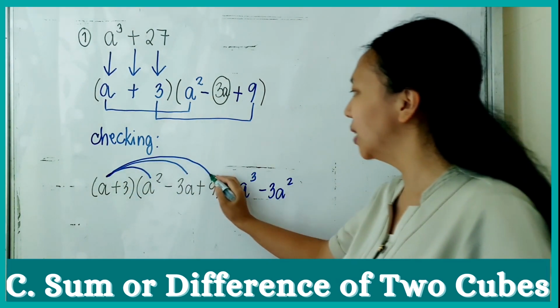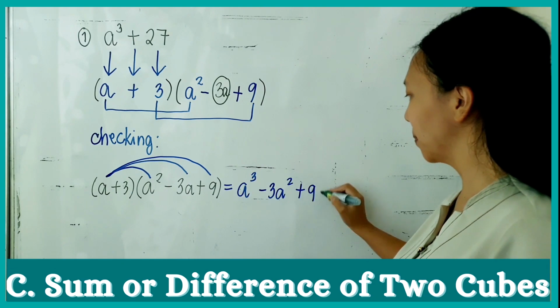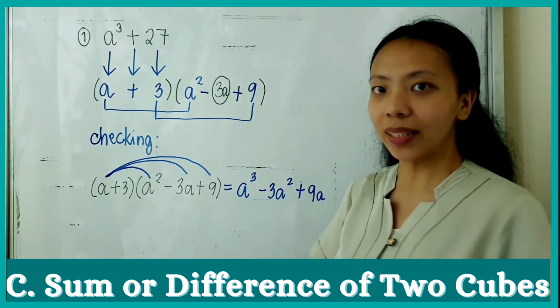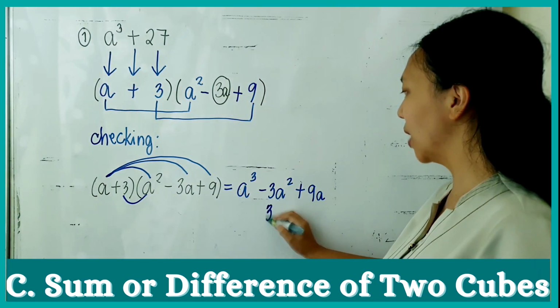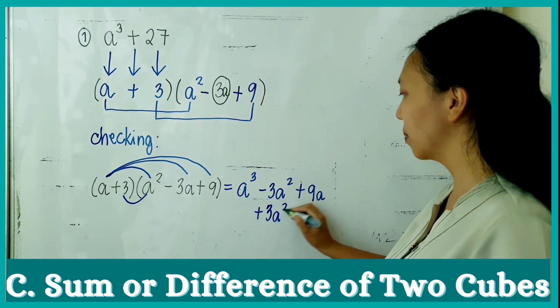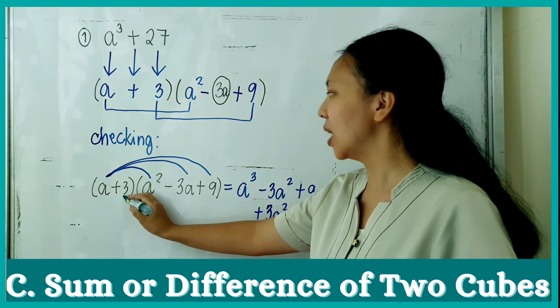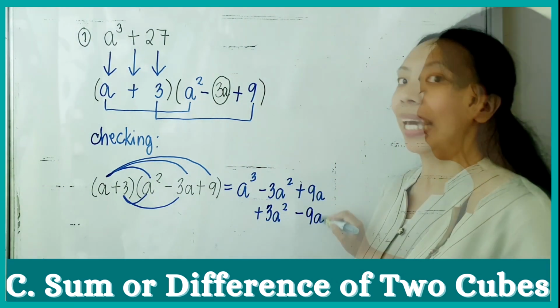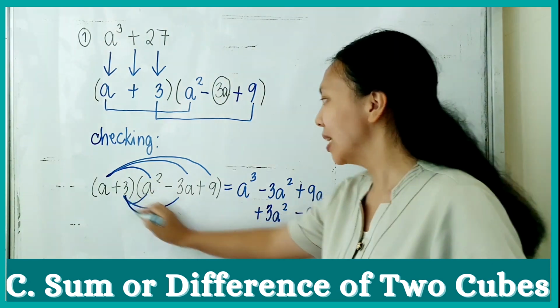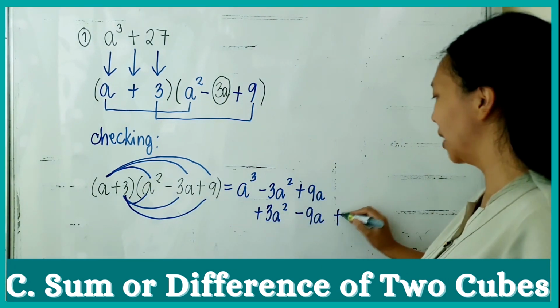A times 9 is 9a. Next, 3 times a squared is 3a squared. 3 times negative 3 is negative 9a. And lastly, 3 times 9 is 27.